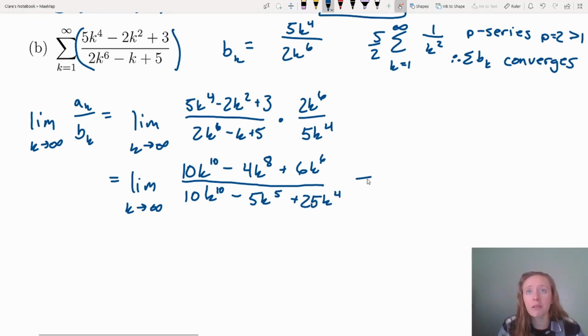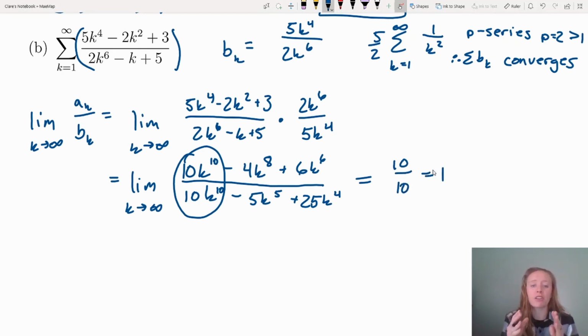Now, if I'm taking the limit of this, I really only care about those highest powers. 10k to the 10th over 10k to the 10th, that's 10 over 10, which equals 1. So because I got a finite value between 0 and infinity, that means that a sub k and b sub k, those series behave the same way.